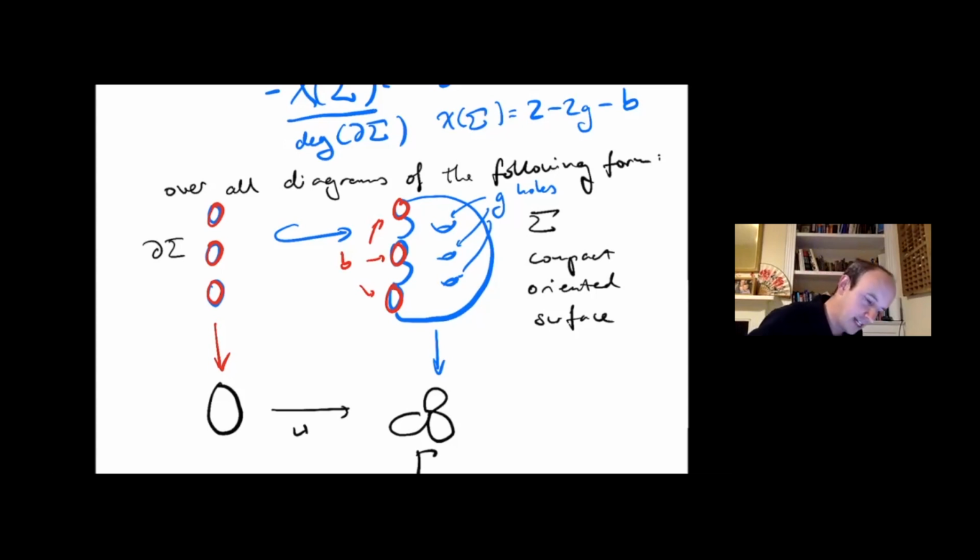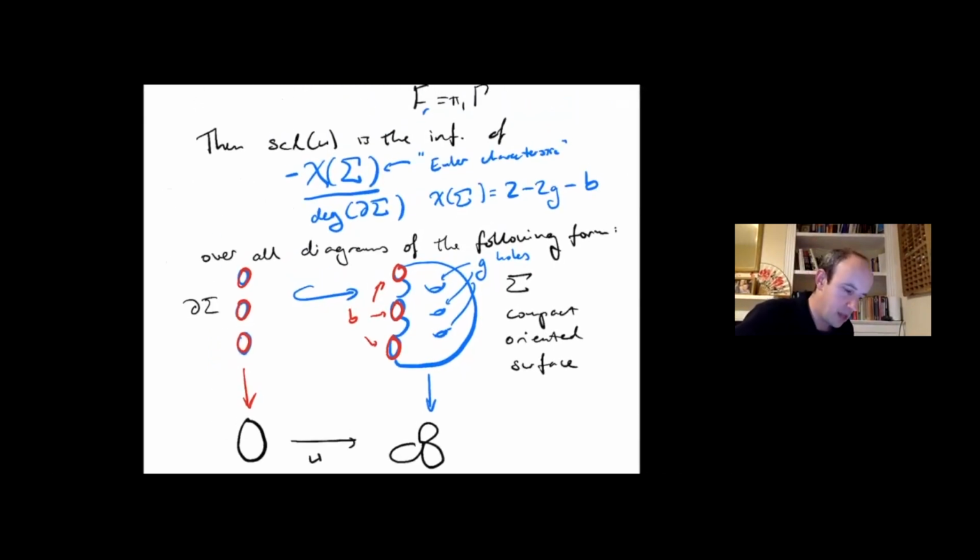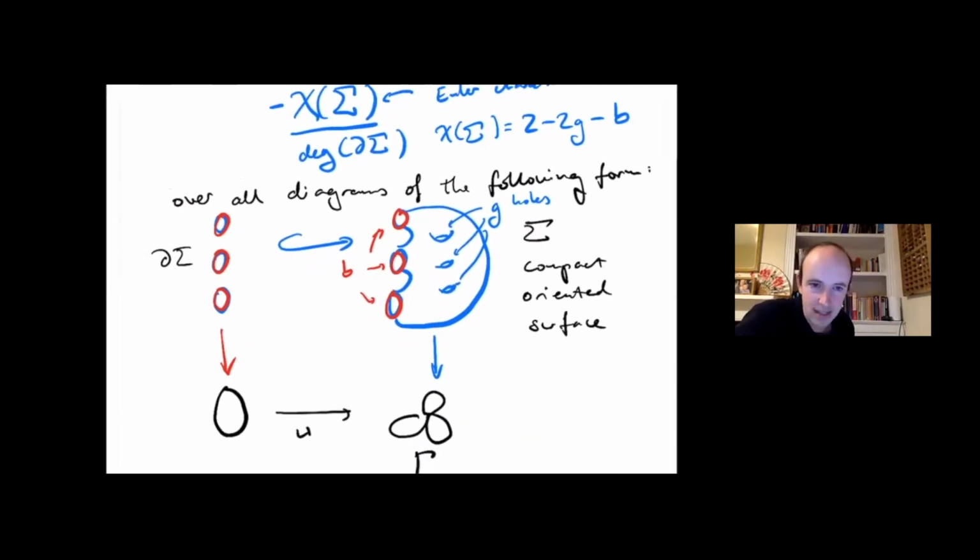Now, once I know that, I'm allowed to look at all of these surfaces. It's obviously an infinite collection of surfaces, but each of them has an Euler characteristic.